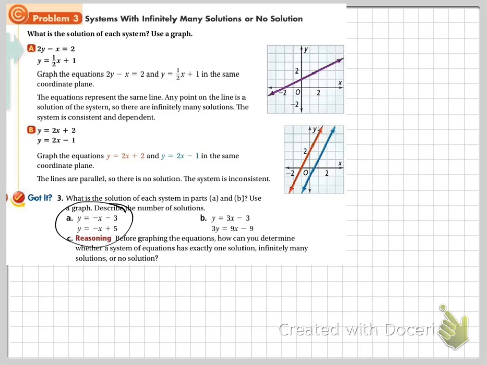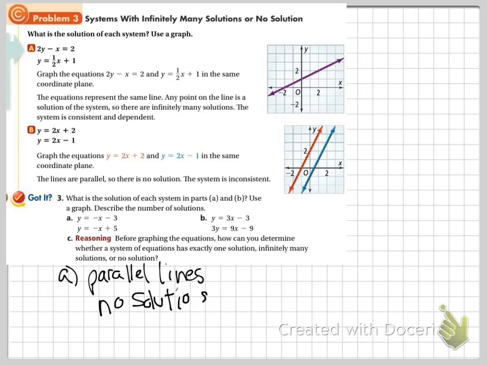So, like, if we look at this equation, what is the slope of both of those? This has a slope of -1, this has a slope of -1. If they have the same slope, those are parallel lines, right? So for A, those are parallel lines. And we know that parallel lines have no solution. No solutions. And it is inconsistent.